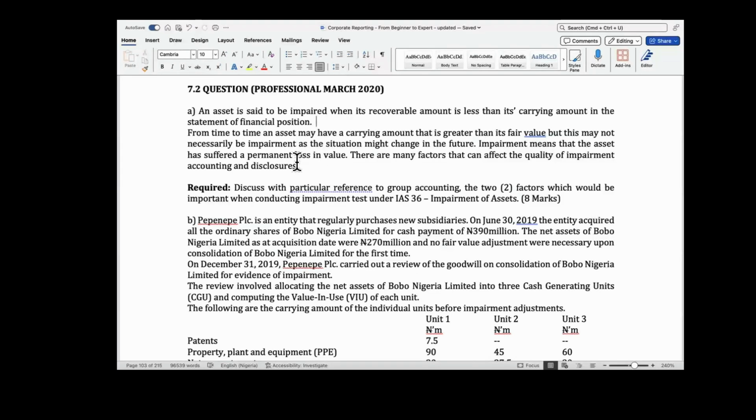Impairment means that the asset has suffered a permanent loss in value. There are many factors that can affect the quality of impairment accounting and disclosures required. Discuss, with particular reference to group accounting, the 2 factors which would be important when conducting impairment tests under IAS 36.